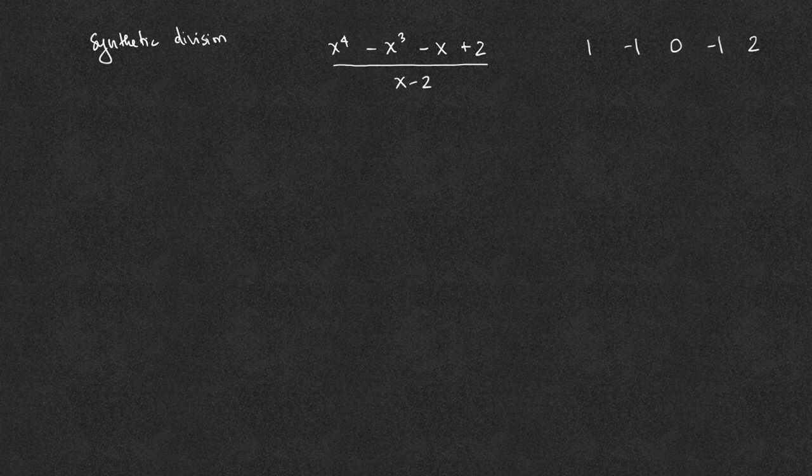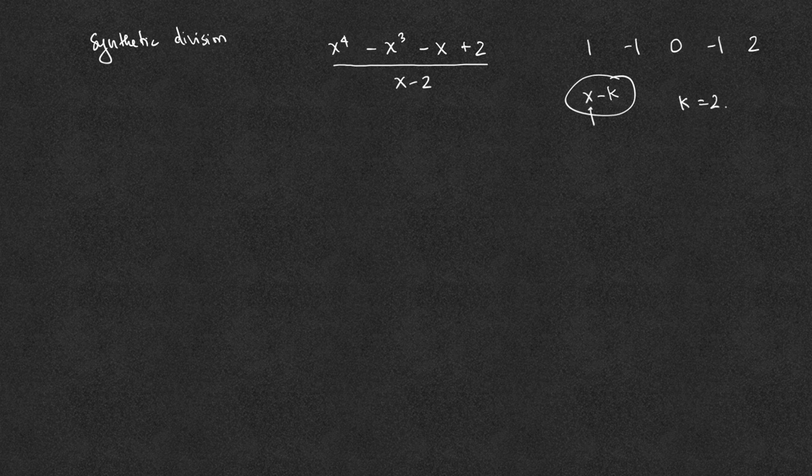To set up synthetic division, we need to write the coefficient for every single term, starting with the leading term. Synthetic division only works if we divide by a binomial of the form x minus k, where the leading coefficient of x is 1, and so in this case, k is 2.